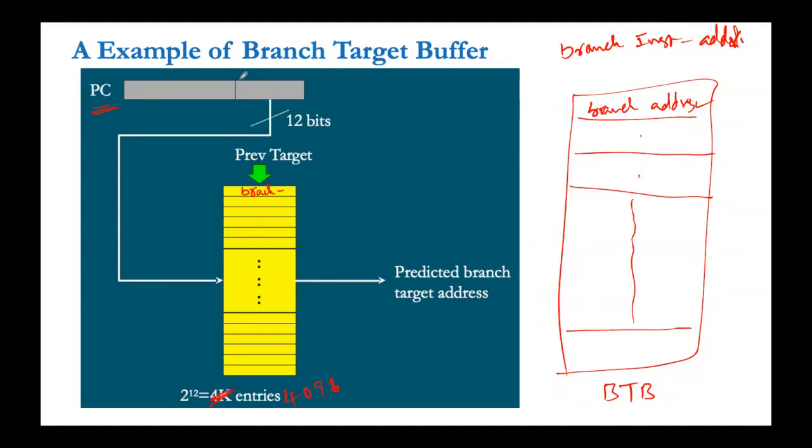From that program counter, again take the lower 12 bits, bits 0 to 11, and give them as an input to the hash function.